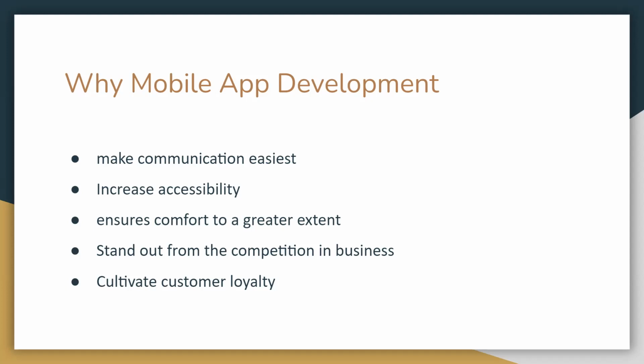Another thing is increased accessibility. This is used mostly in businesses. For example, you are trying to sell something using a mobile app. If you bought something from AliExpress or Amazon, it's easier to use the mobile application than the website, because the mobile application gives you notifications, so you see the deals that are on discount.